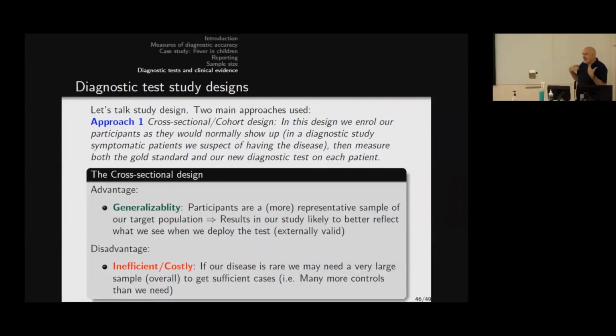This is exactly the same principle as when we do a standard cross-sectional or cohort study versus a case control study. If only 1 in 10,000 people have the disease, then in order to get 50 or 60 people with the disease, which our sample size requires, we're going to need 600,000 people or something like that enrolled, which is a very costly study.